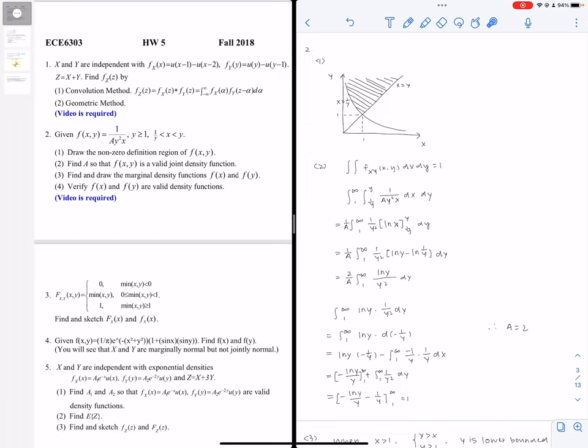Because if x is larger than 1 over y, that means y is larger than 1 over x.